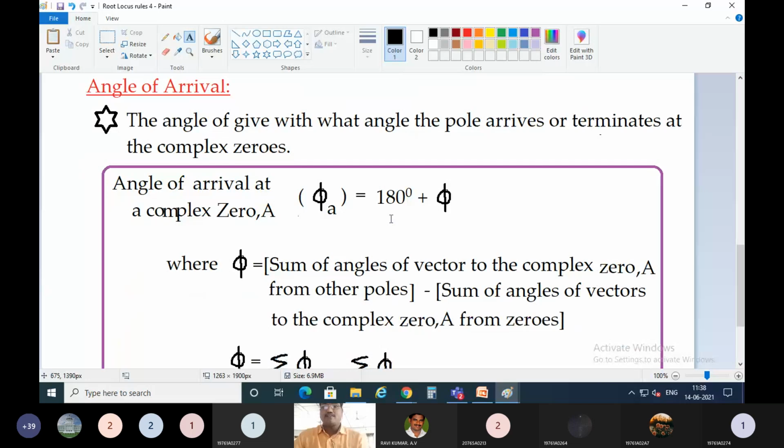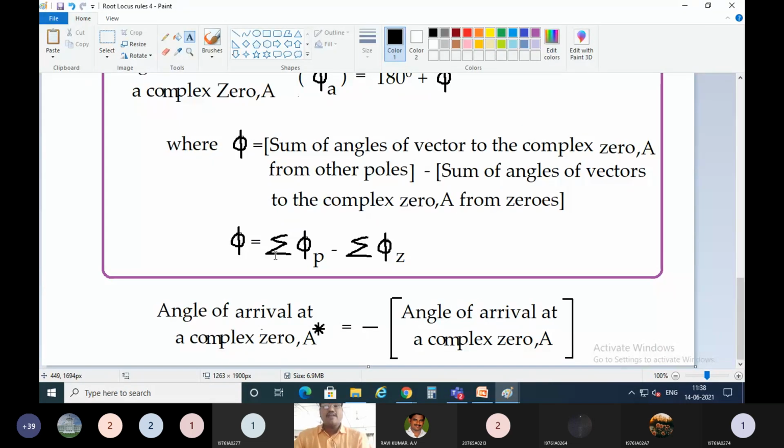But phi is the same: phi is equal to the sum of angles contributed by the poles minus the sum of the angles contributed by the zeros.